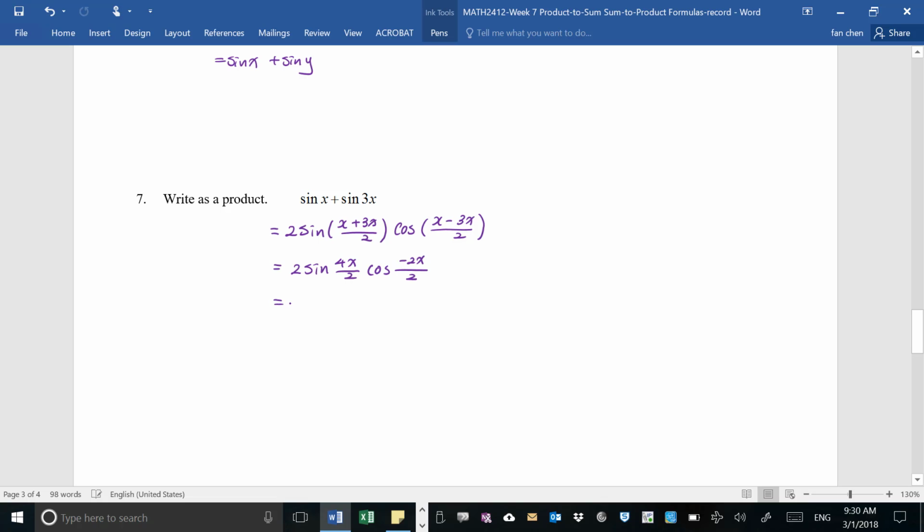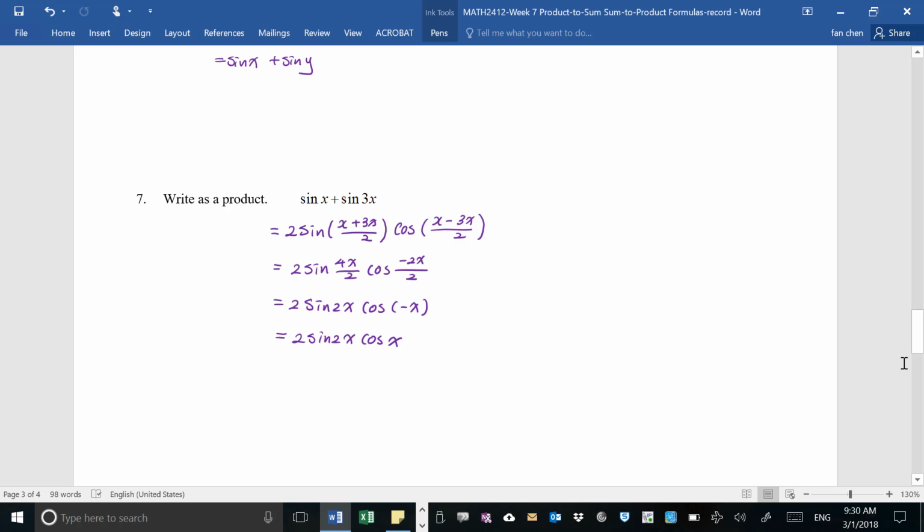And that's 2 sine 2x cosine negative x. I want to take advantage of cosine being an even function, so that is the same as cosine x. Right, so we write this sum as a product.